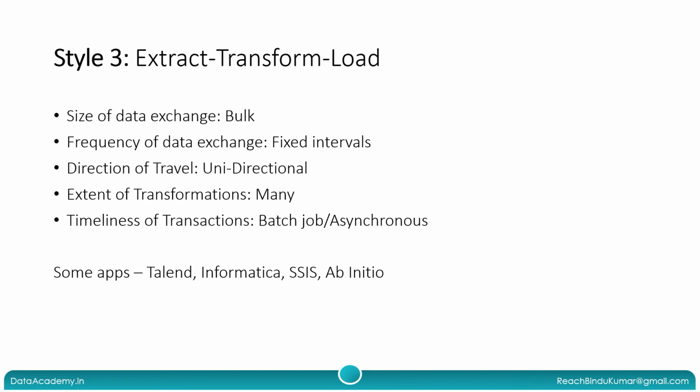The second characteristic is frequency of data exchange. So if you recall, in style 1 and 2, the frequency was purely based on the transaction that used to happen. So when a person goes to an ATM, then there is a data exchange. Or when you visit a travel website and look for a particular hotel, then there is an information exchange.